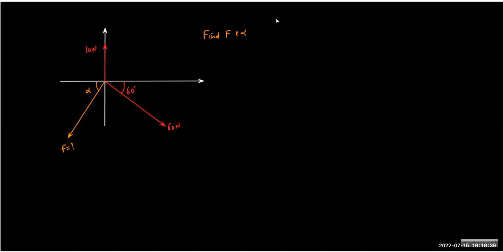So there is a random body kept at the origin, as you can see. So this is the random body kept at the origin, experiencing three forces, in which two are known and the third is not known to us.